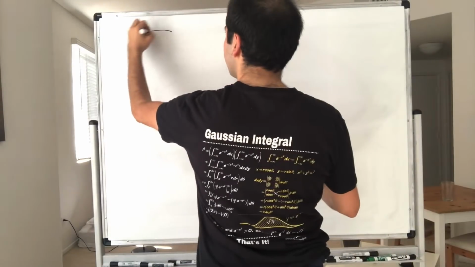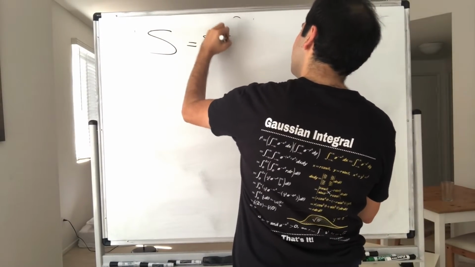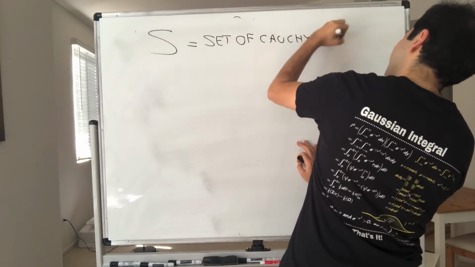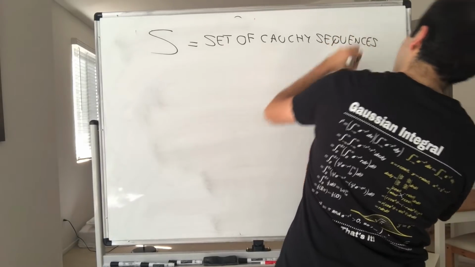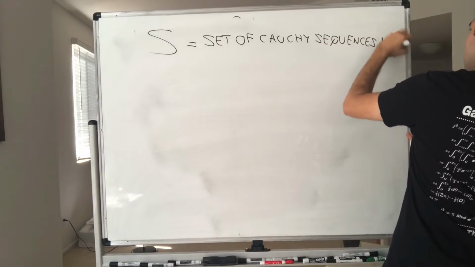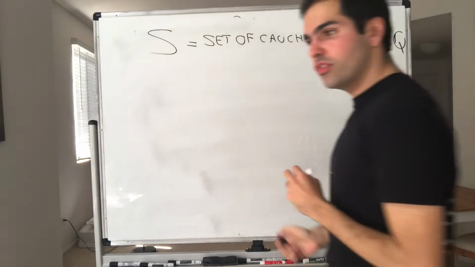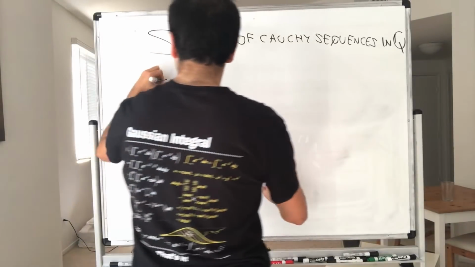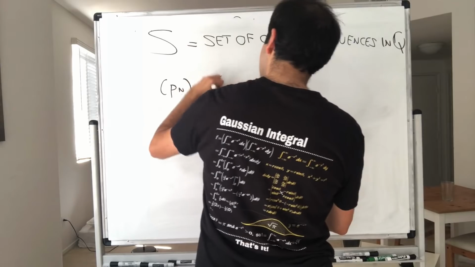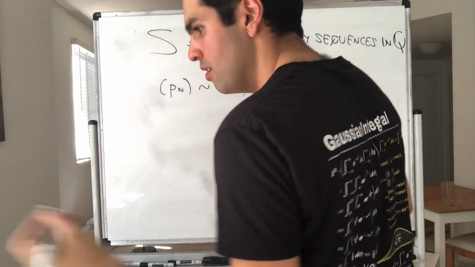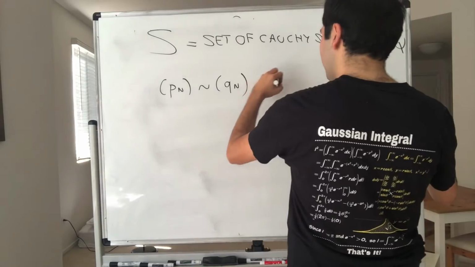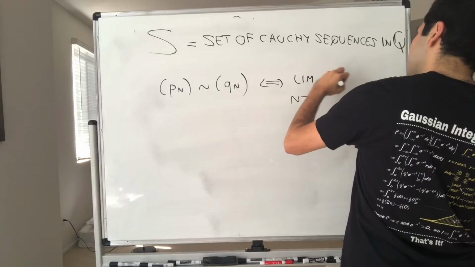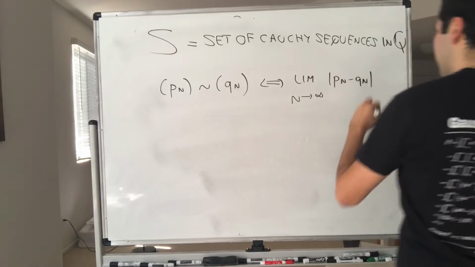First of all, let S be the set of Cauchy sequences in the rational numbers. And now let's define a certain equivalence relation. We say a sequence P_n is equivalent to Q_n, informally, if and only if the limit as n goes to infinity of P_n minus Q_n is 0.